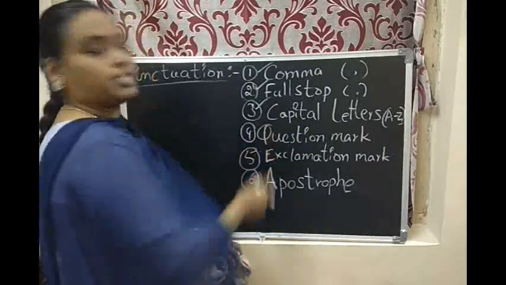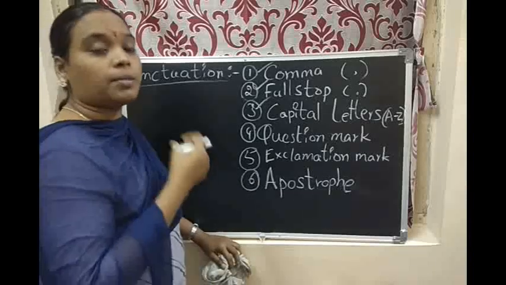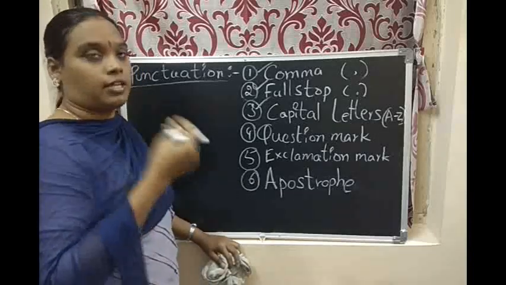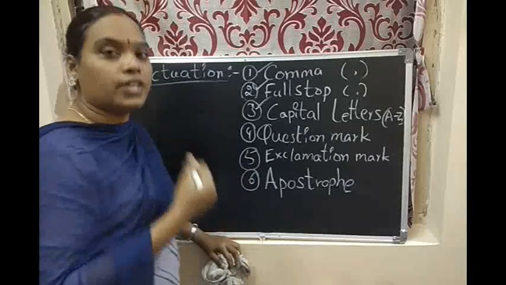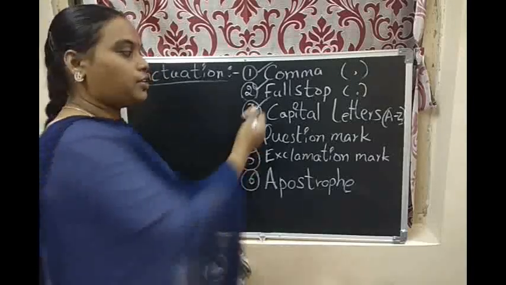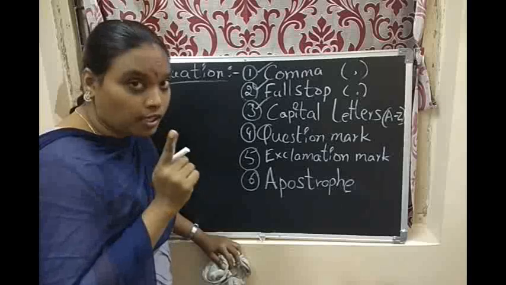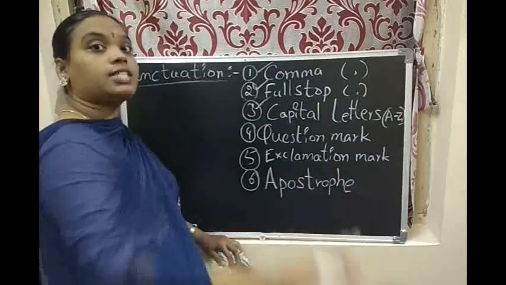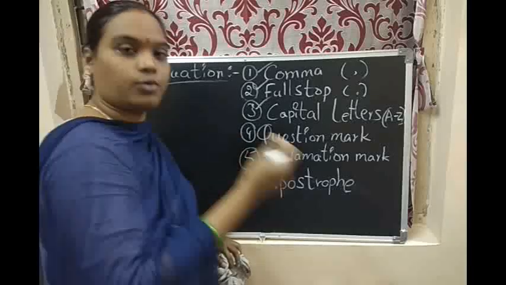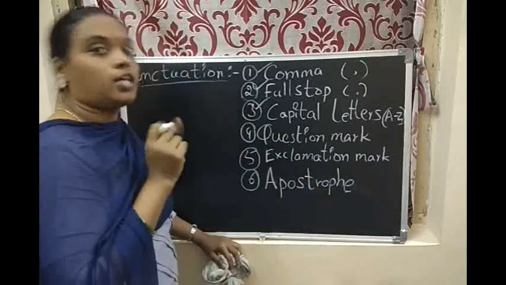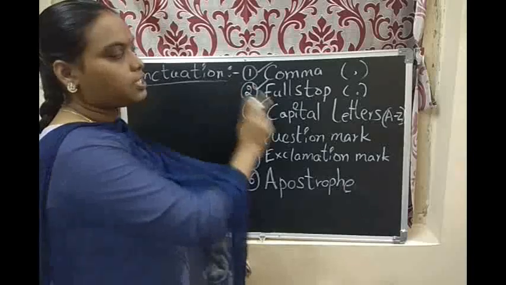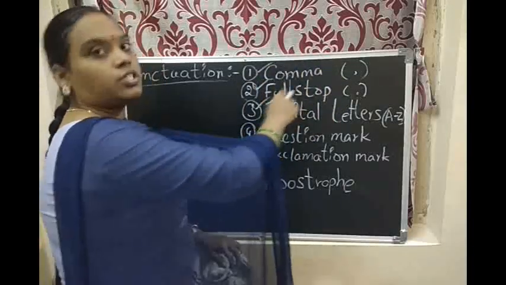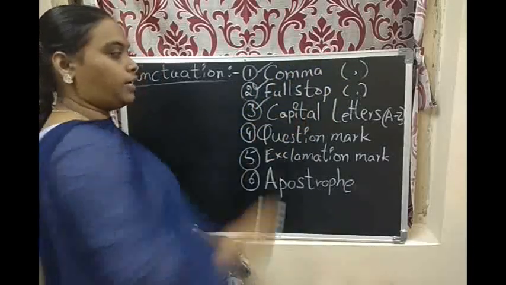And capital letters, while we are talking about proper nouns, names of places, names of days, names of months, we can use capital letter. First letter should be capital. Even whenever after a full stop we start another sentence, first letter should be capital. This is about all information, comma, full stop and capital letter.